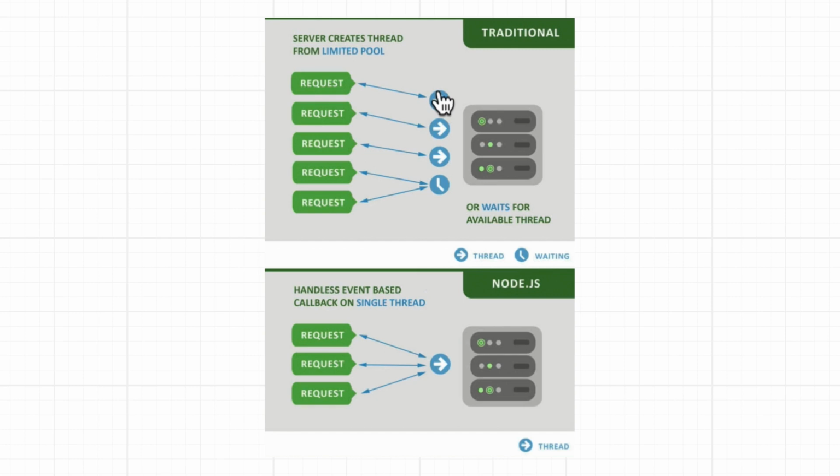Well, the request would just have to wait for the other ones to be available again. Node.js changed this mentality and said, hey, we only have this one single thread. But as soon as you give me a request, I'm just going to pass it off to my asynchronous runtime to take care of it. And this simplified things a lot.